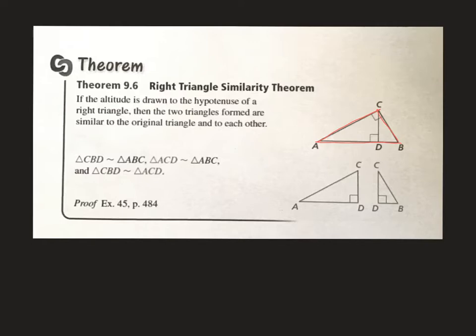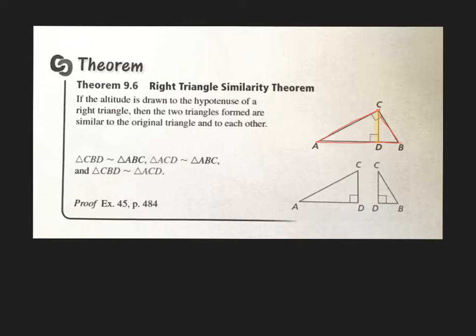Remember, an altitude just starts at a vertex and goes straight down to the other side, forming a right angle. So I will quickly just highlight that in yellow. So we've got that altitude CD that is splitting that right triangle ABC into two smaller triangles.